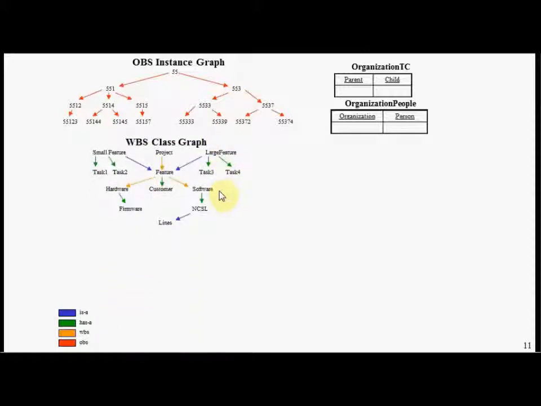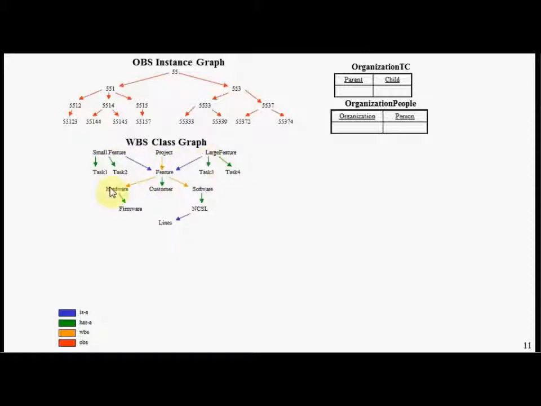We have another graph here called a work breakdown structure class graph. This represents a template for a project plan. So projects are broken down into one or more features. Features are broken down into hardware and software units. And we see a feature has a property here called customer. We see a small feature and large feature are both specializations of this general thing called a feature.